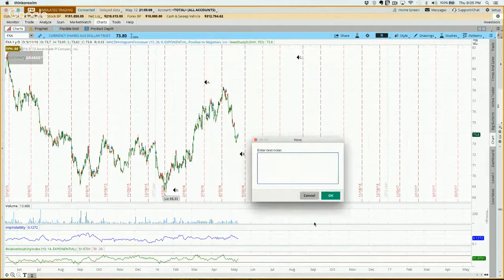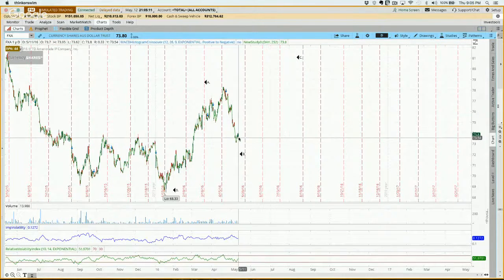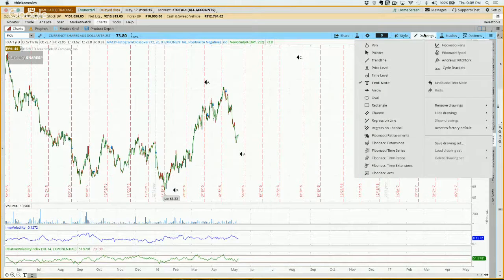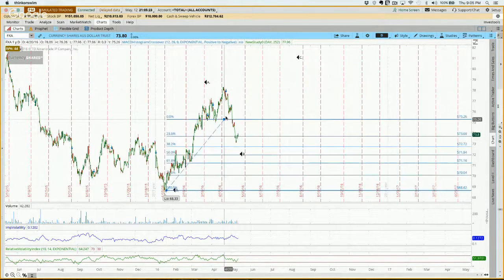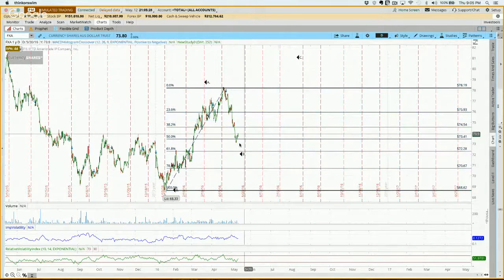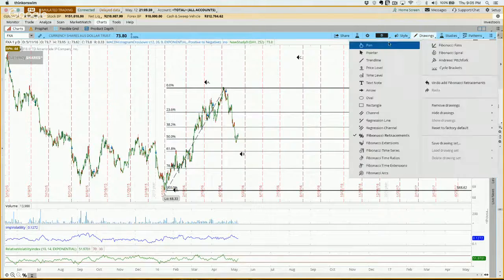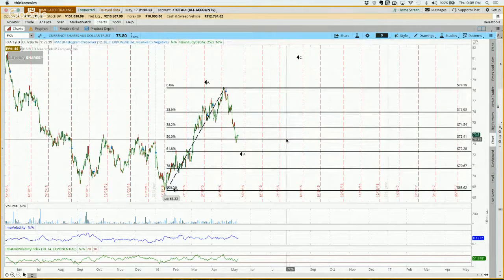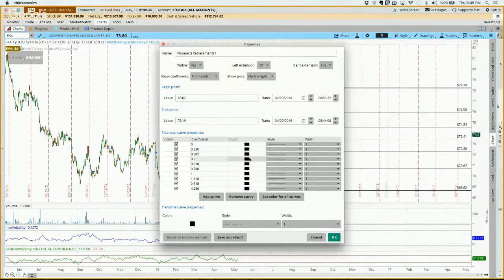Okay. So the question is, how do I identify wave B? So first, click on drawings. Fib retracement, 0 to A. We're hitting about 50% retracement. Let me just thicken the line of 50% so that it's more visible.